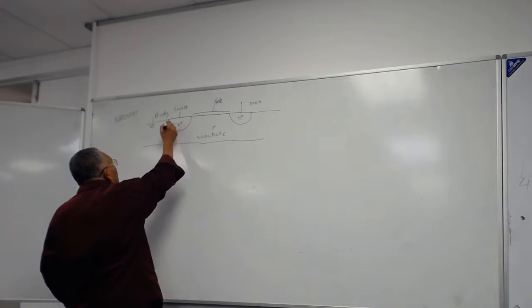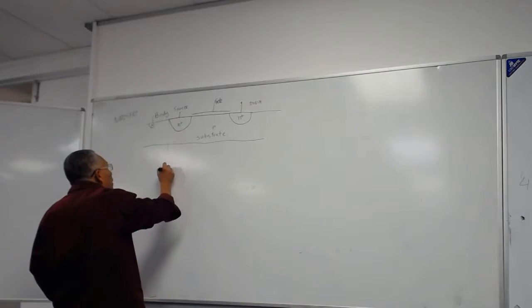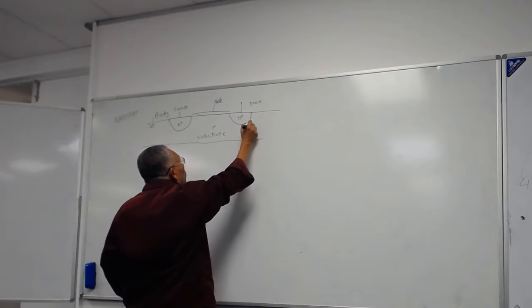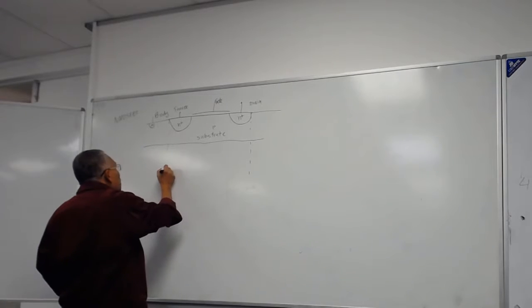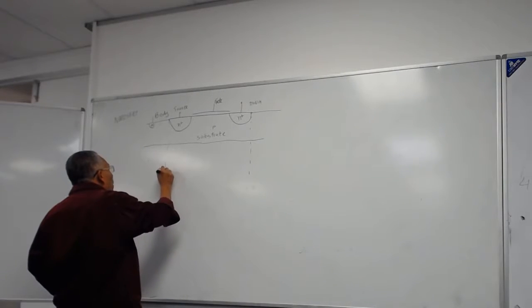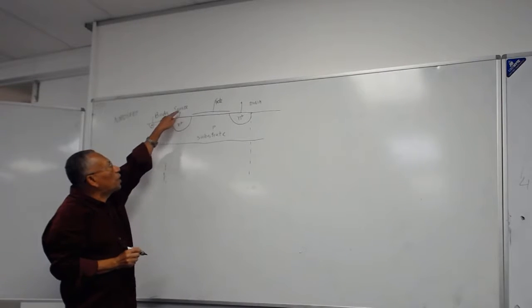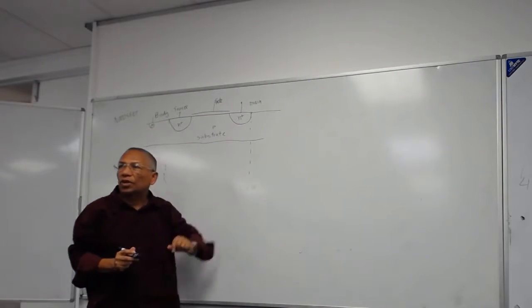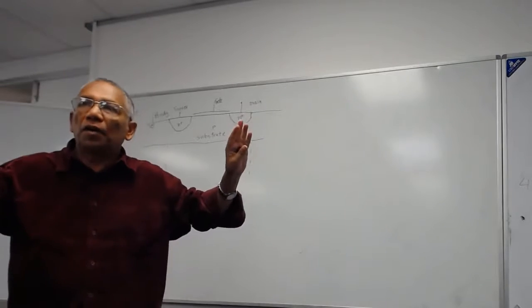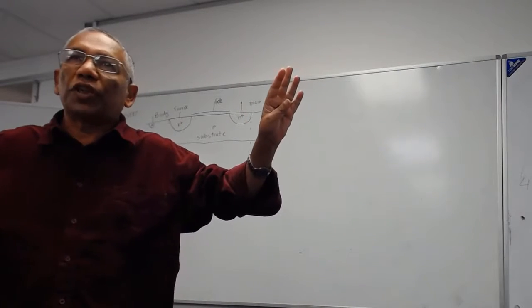So for this N and the P, okay, you can actually draw an energy diagram to show what happens. So initially we assume we don't apply any voltage here, here, or here. All the terminals are free, no voltage applied.